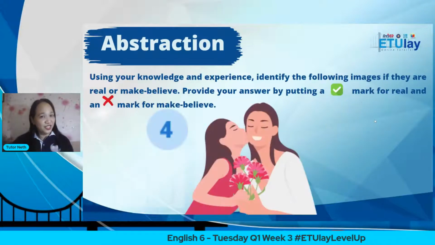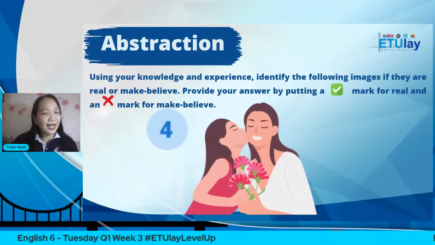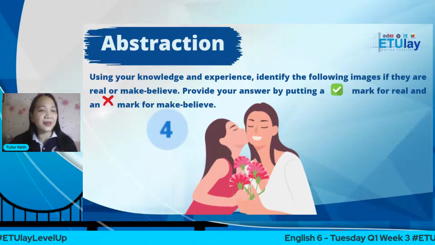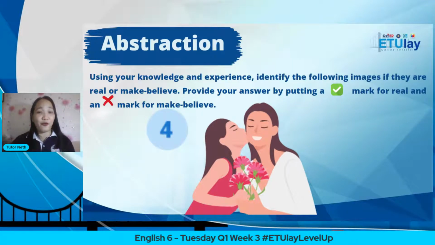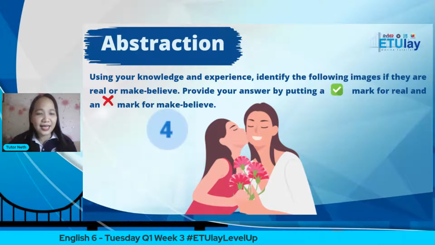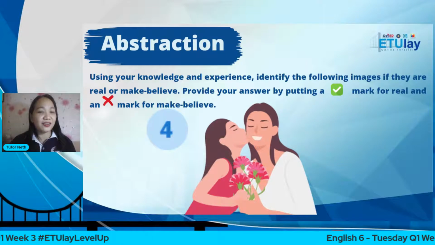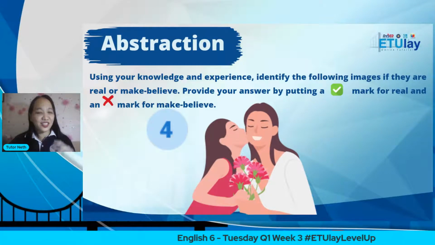Picture number 4. What kind of image is this? Real or make-believe? Let me see your answer for number 4. JV Gadi, yes, that is check. Joanne May Dacumos Acosta, check, check, check.